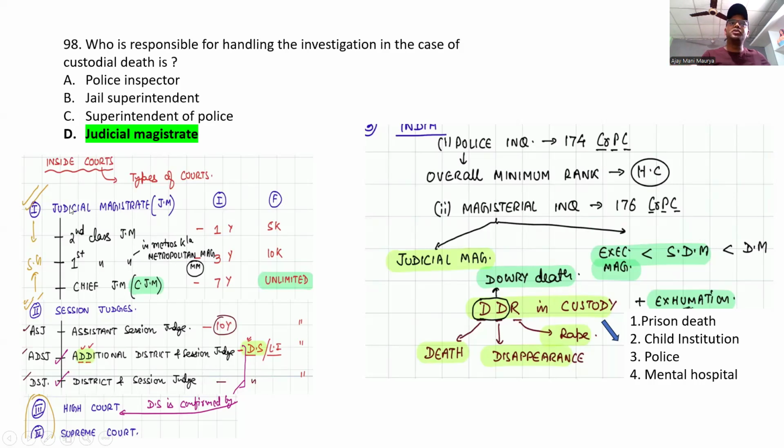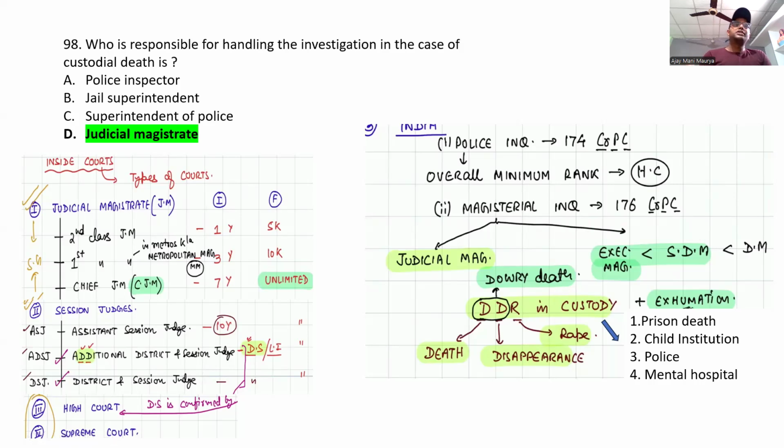The judicial magistrate, we have second class and first class. Second class JM has 1 year imprisonment and 5,000 fine, and the first class, which is also called the metropolitan magistrate, can give imprisonment up to 3 years, and the fine is 10K.